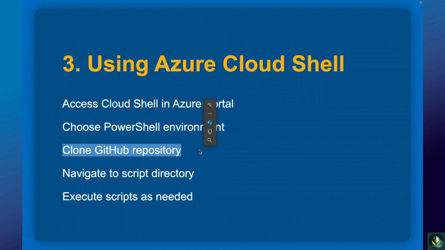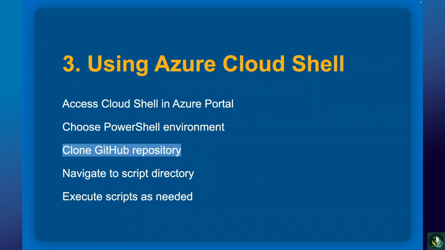We'll also be using git clone command in Azure Cloud Shell. This command is used to clone a remote repository. So you type git clone and an address to the remote repository. For example, https://github.com/ the username of the creator of the repository and the repository name itself.